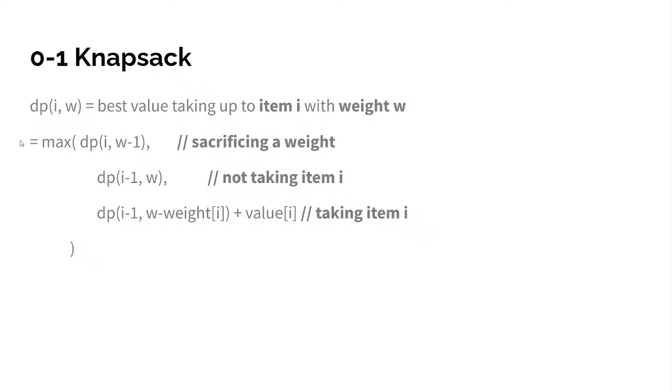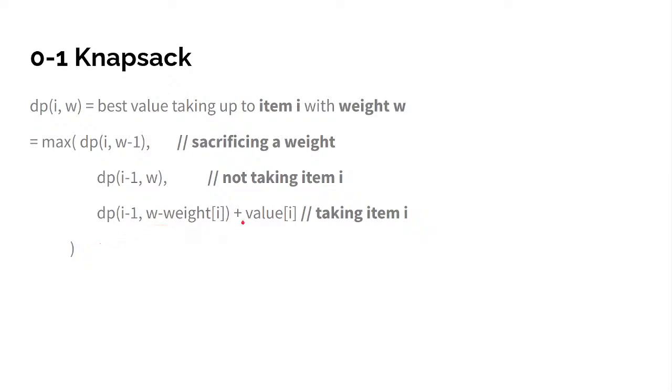I think this is pretty intuitive. So dp of i, w, what can you come to this from? You could either take dp of i minus 1, w, which is to not take item i, or you can take dp of i minus 1, w minus weight i, which is to take item i.